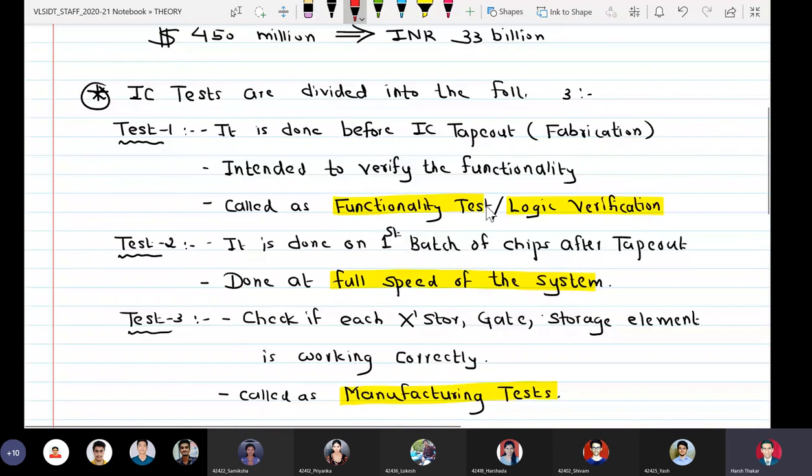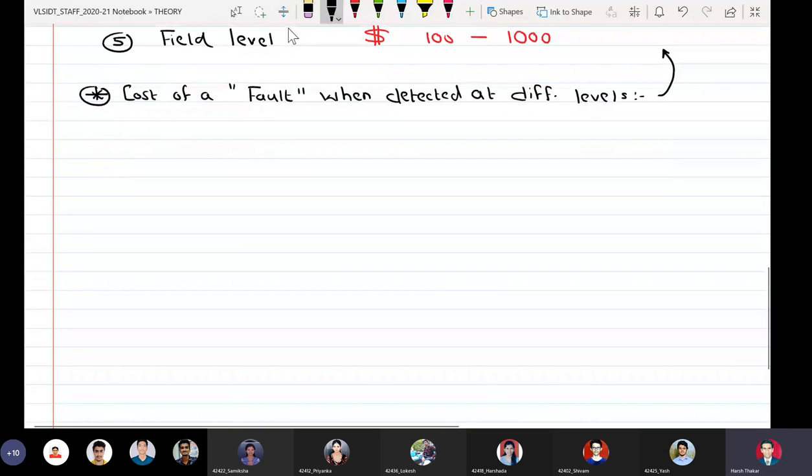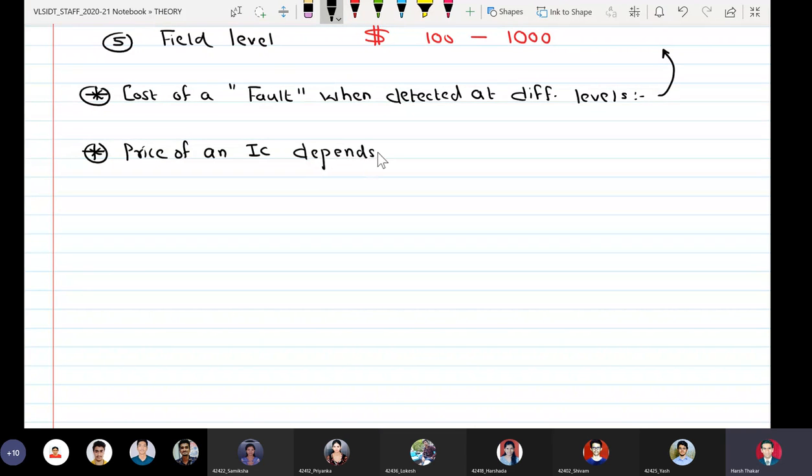Okay. Now, let us understand the parameters based on which any IC manufacturer, may it be Qualcomm, MediaTek, or Intel or AMD, calculates the cost. So the price of an IC depends on two factors.